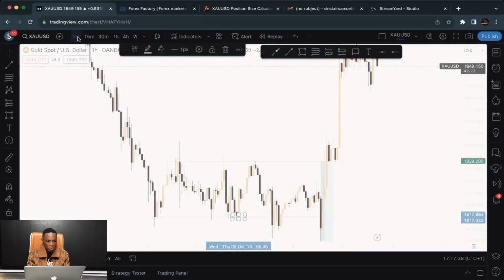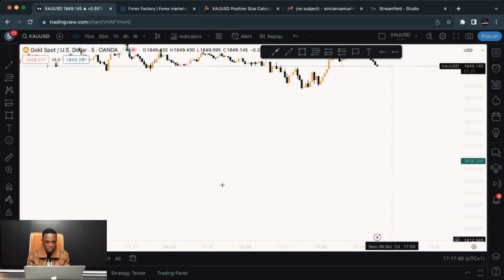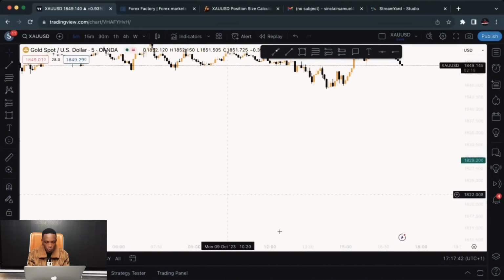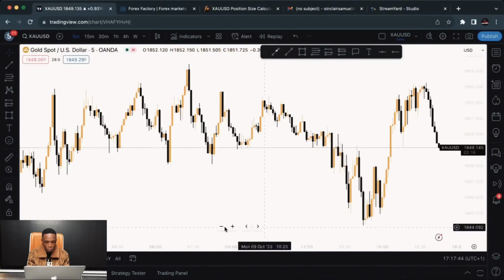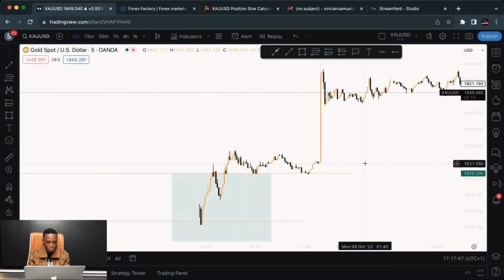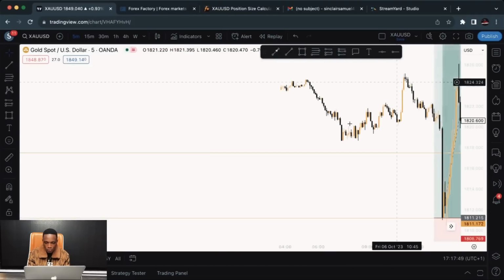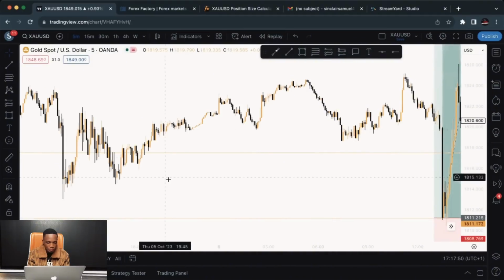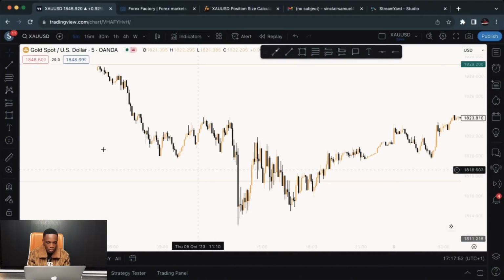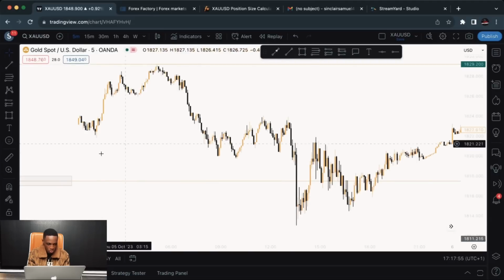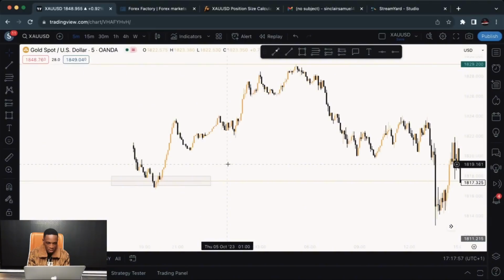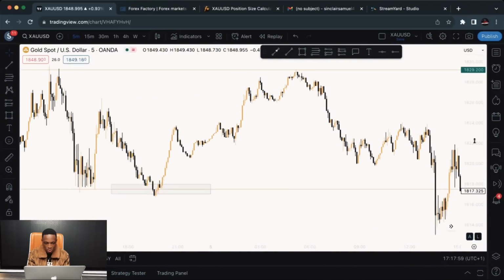Remember, it was from the 5 minutes we saw our entry. Okay, so like I promised you guys, we are going to do the example here with this trade and still use the current trade we had, that buy.